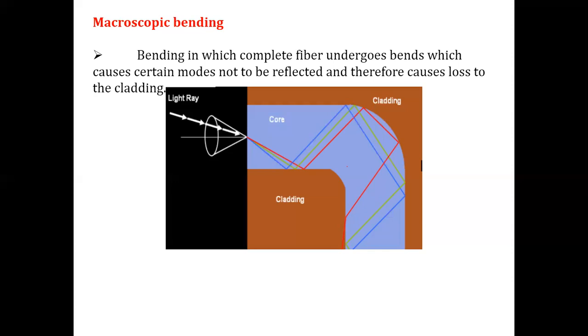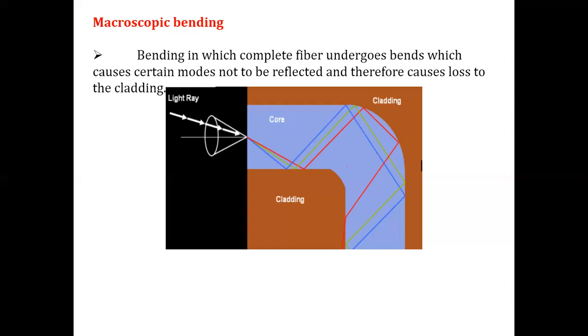So this macro bending losses are caused by the large scale bending of fiber. So here the fiber is large scale, right? So these type of bending of fiber will cause a macro bending. So these losses are eliminated when the bends are straightened. So by straightening this, we can reduce these losses. These losses can be minimized by not exceeding the long term bend radii.